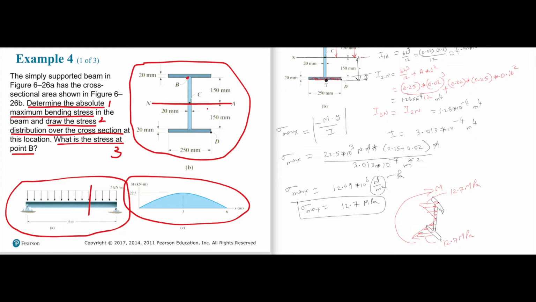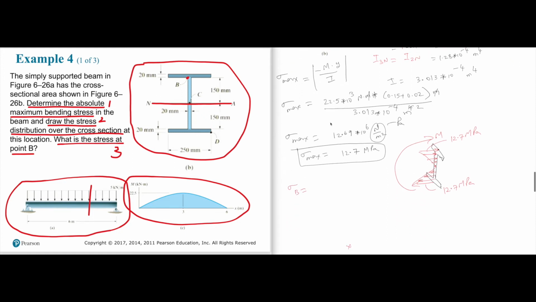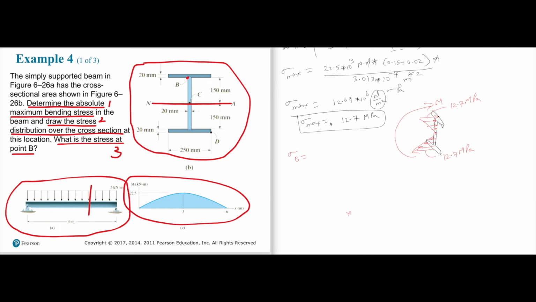So what I get, if I do that in the calculator, sigma at B is negative My over I. Negative M is 22.5 times 10 to the power 3. y is, because from the neutral axis we're going up, right? We're going up. So this is where B is.